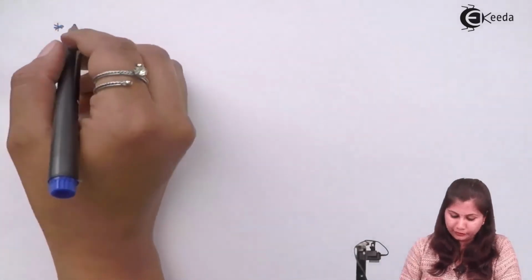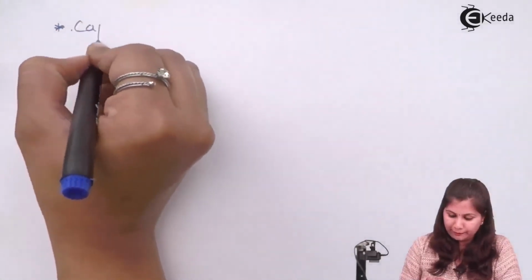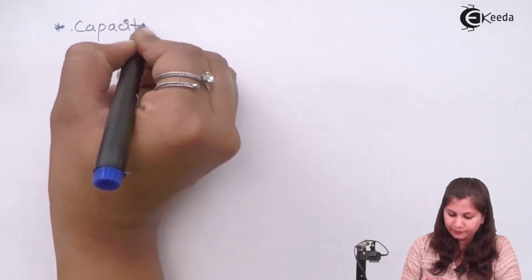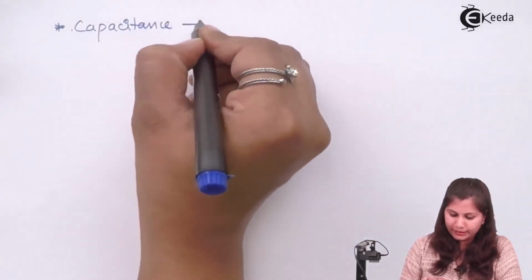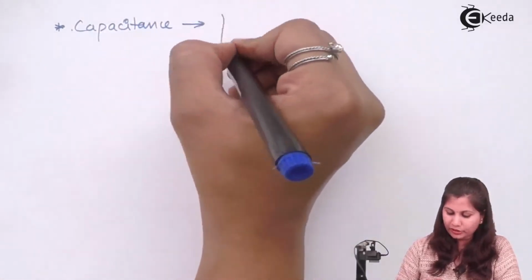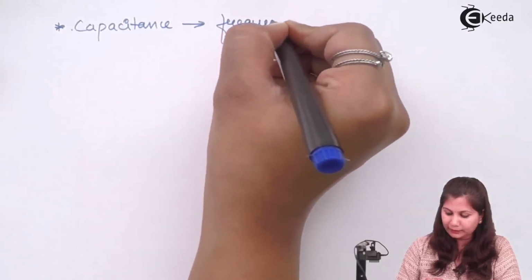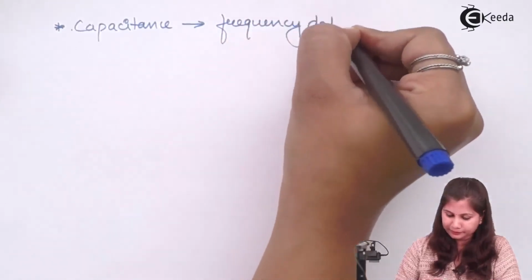Now, in both of these cases, where changes in the humidity cause changes in capacitance or dielectric constant, the change is very small. So for that purpose, this capacitance is treated as a frequency determining element.